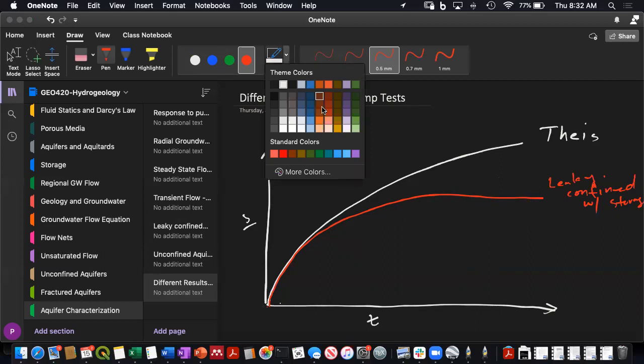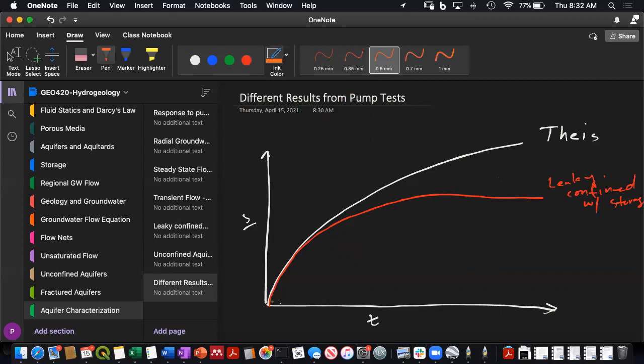And then I'll do a leaky confined without storage. So it transitions much more rapidly to the steady state.